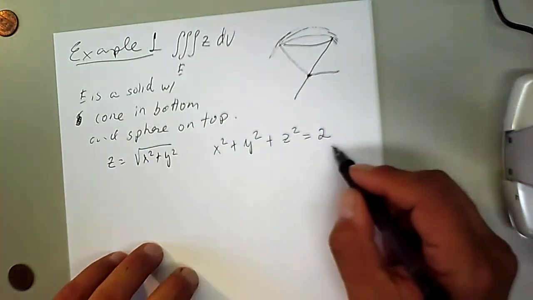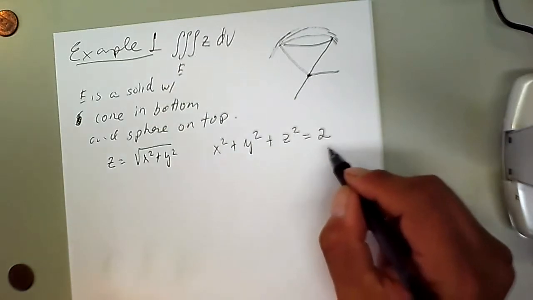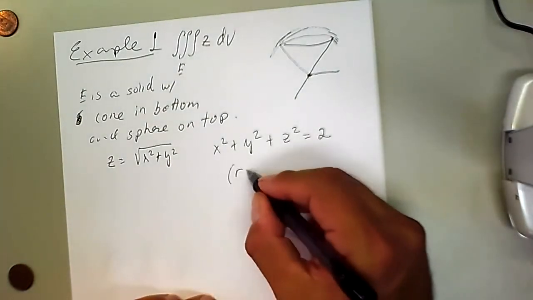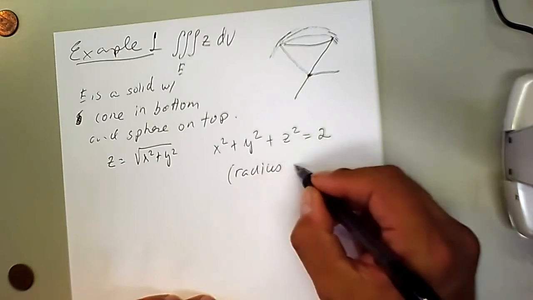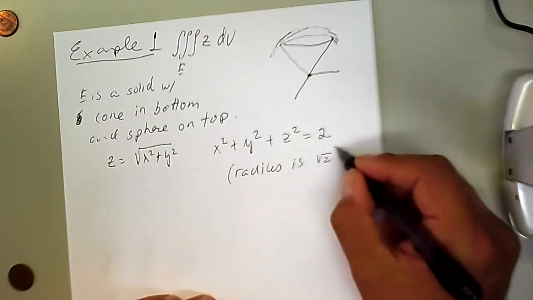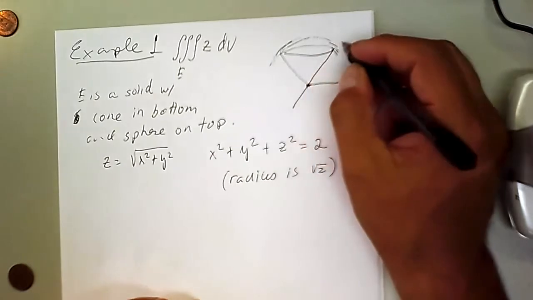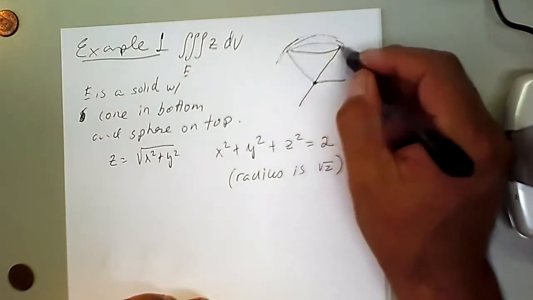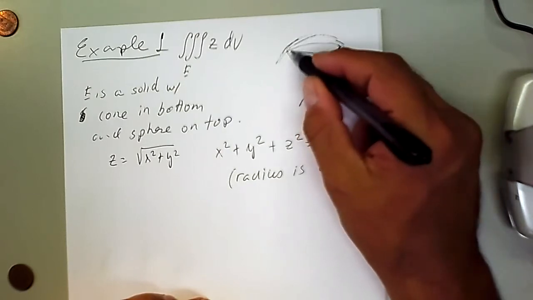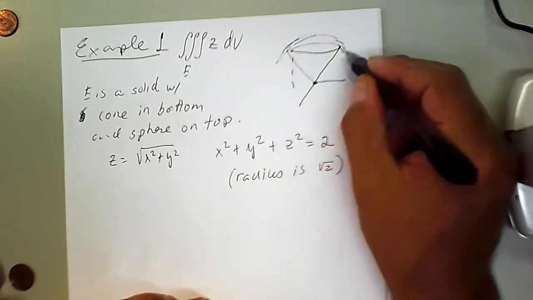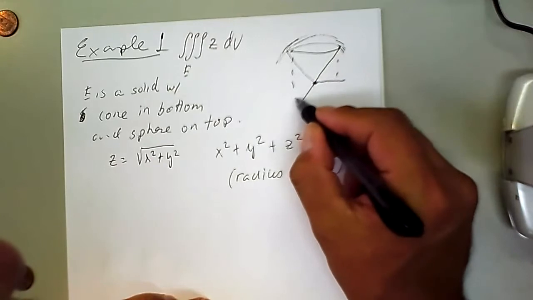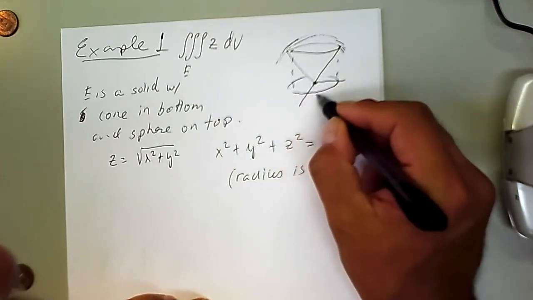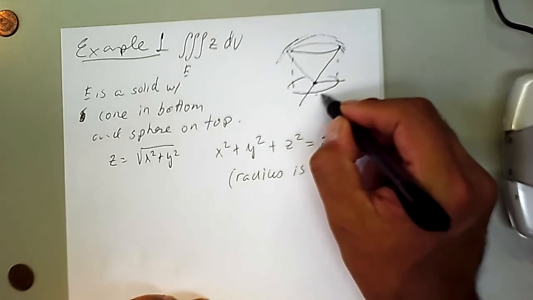So we don't have a unit sphere. We have a sphere whose radius is square root of 2, of course. The reason for that is because I wanted a solid so that if we project down to the xy plane, we do end up with a unit circle. So this on the bottom is a unit circle.